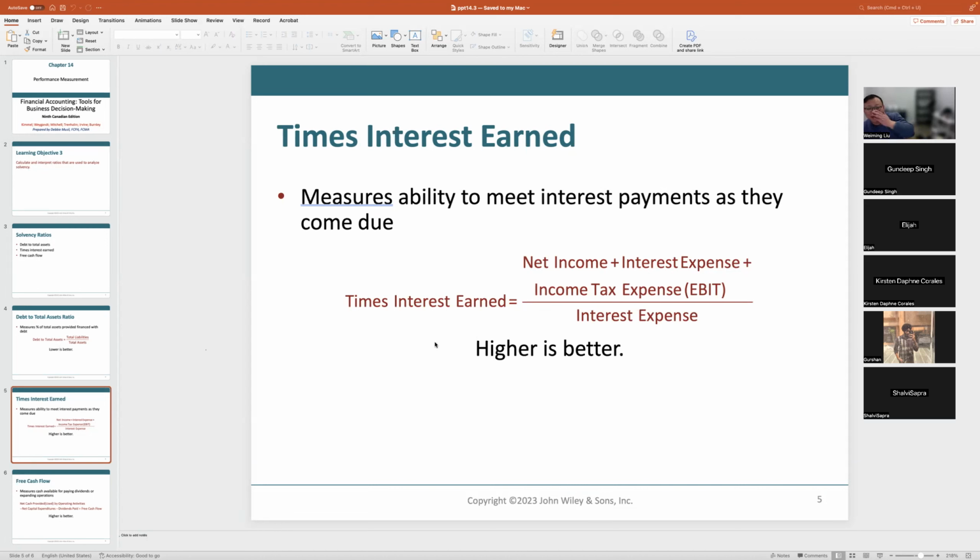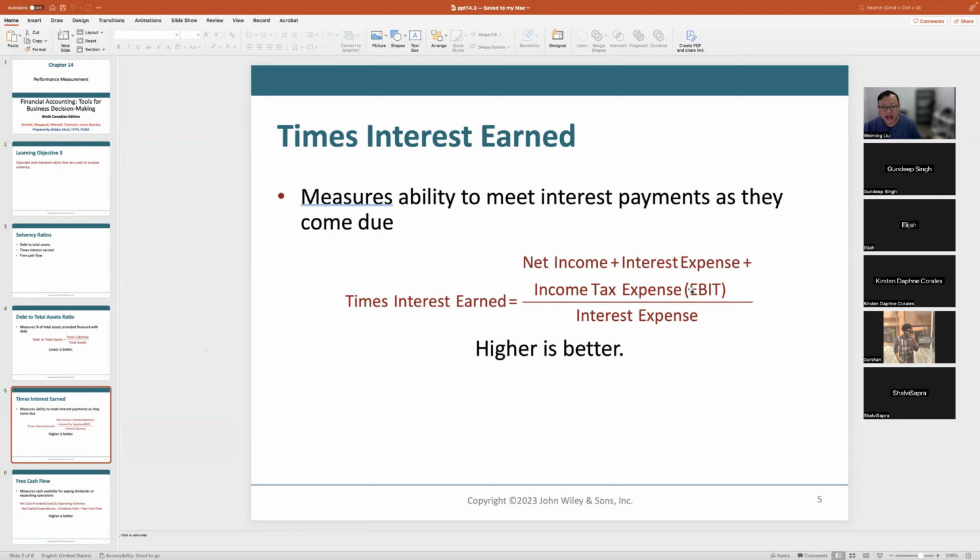So what is the times interest earned? Basically, you want to know the income before you pay the interest expense and before you pay the income tax expense. That income before interest and tax, we call it earnings before interest and tax, EBIT, okay?